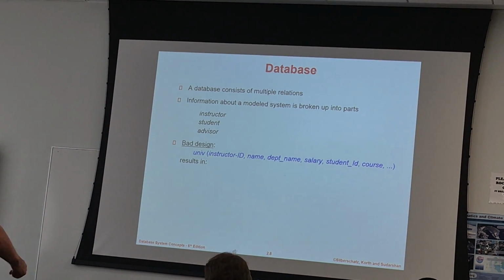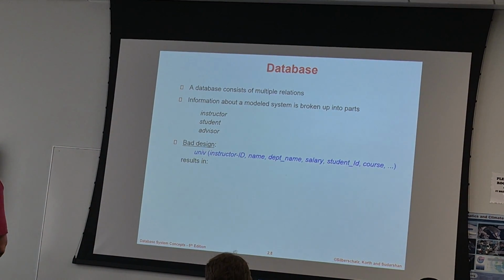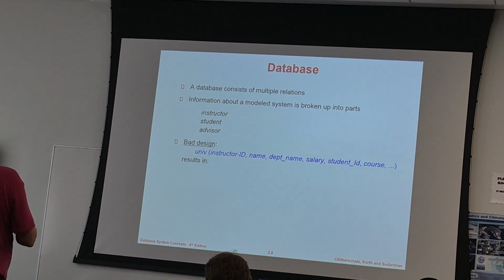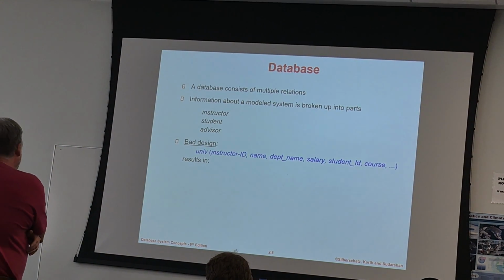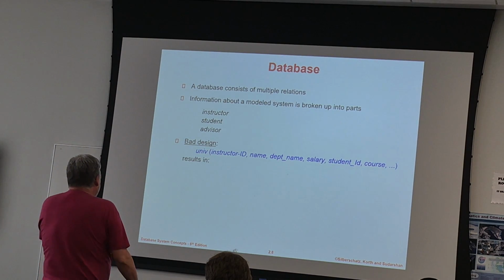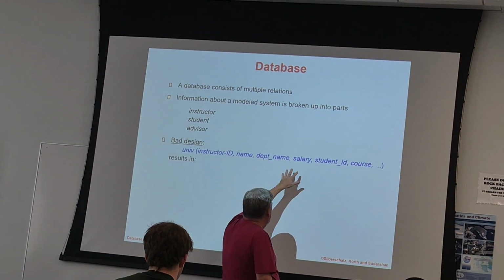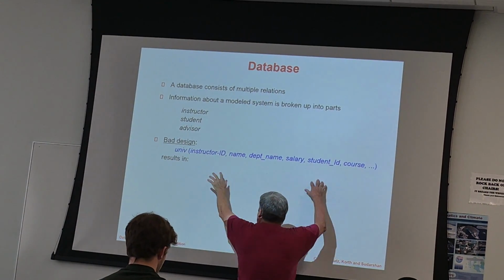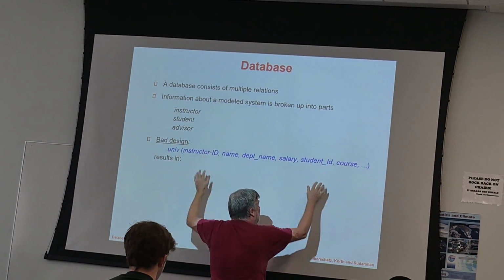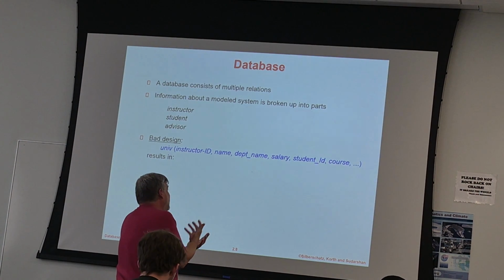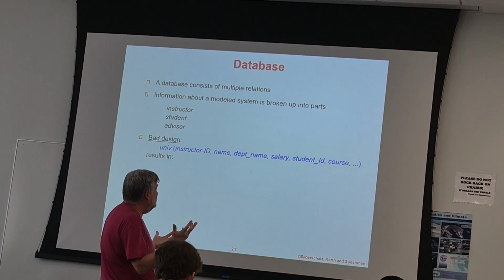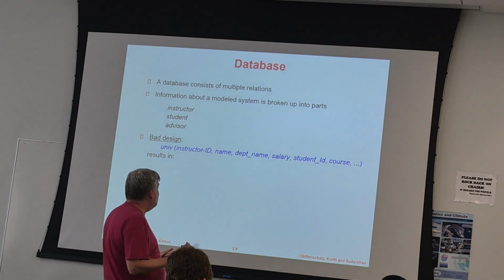And so, yeah, I don't even really have a good idea of what this university table entity would be if it had instructor IDs and instructor names and department names and salaries and student IDs. I mean, already that's probably a contradiction, except for maybe instructors who are students in a class or something.